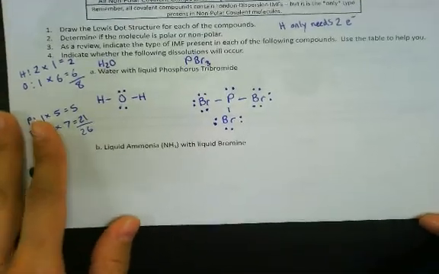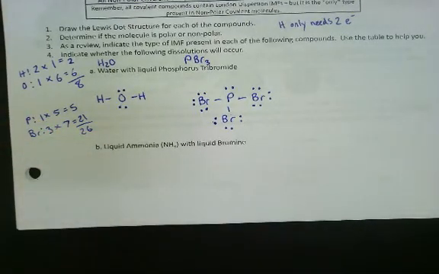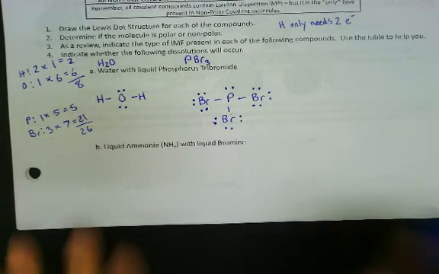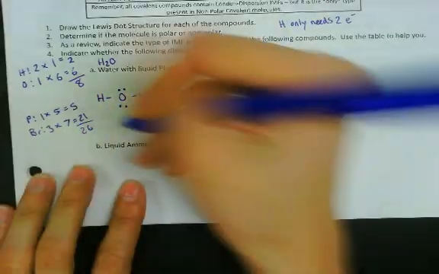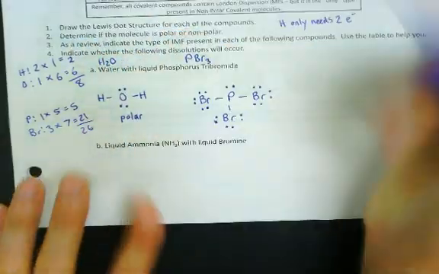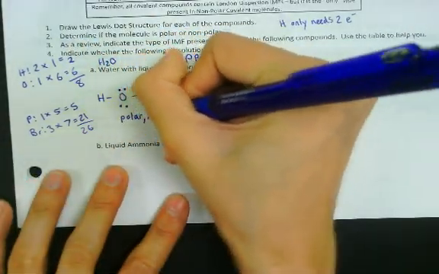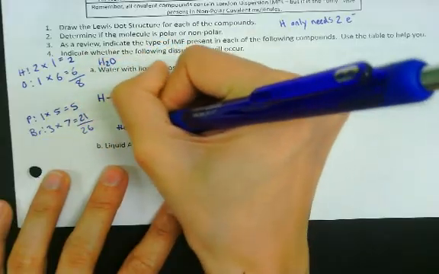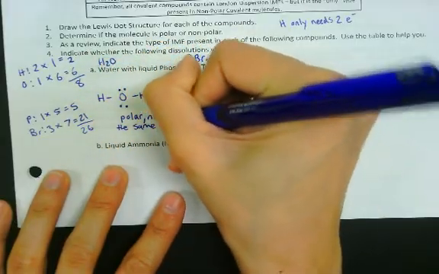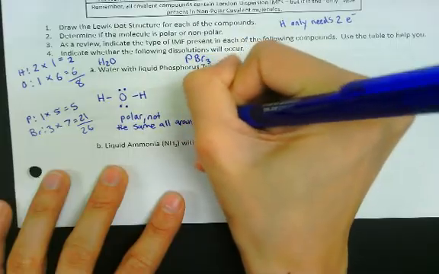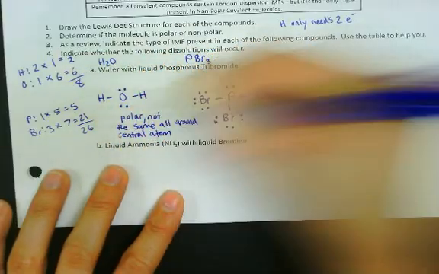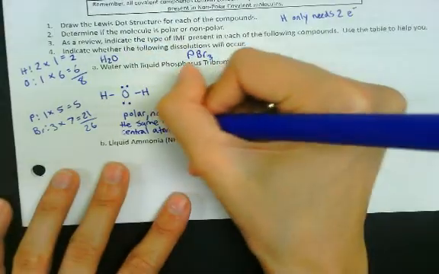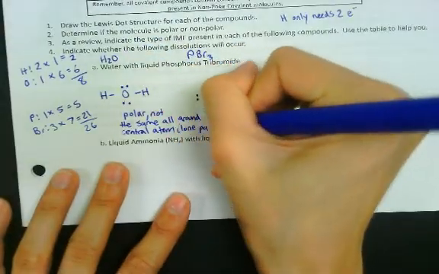You don't have to remember VSEPR shapes for this unit, but you will if you take AP Chem. So you're still going to need to know how to draw those if you go into AP Chem. So this guy is going to be polar. It's polar because it's not the same all the way around the central atom, aka there are lone pairs on the central atom.